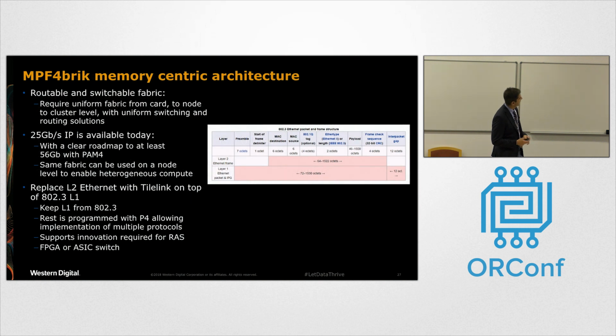So this is a little bit about the MP Fabrik memory-centric architecture. We want a routable and switchable fabric. We are taking advantage of 25 gigabit per second IP, and it has a clear roadmap to at least 56 gigabit with PAM4.